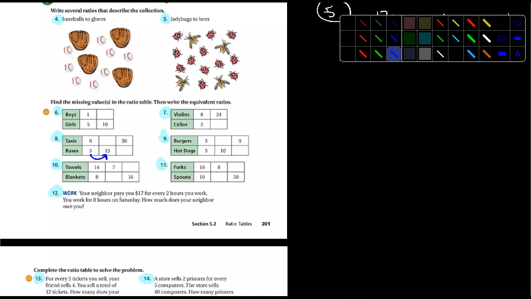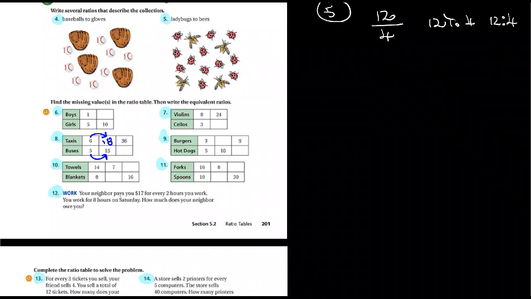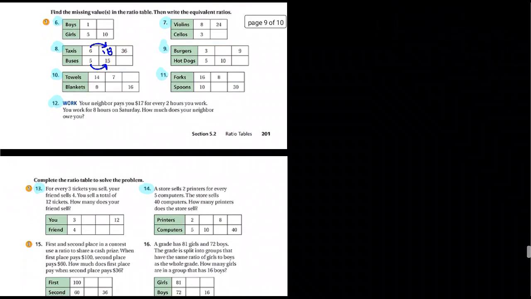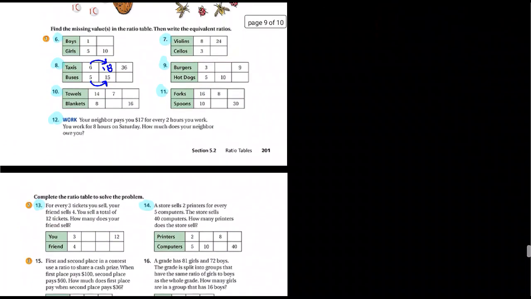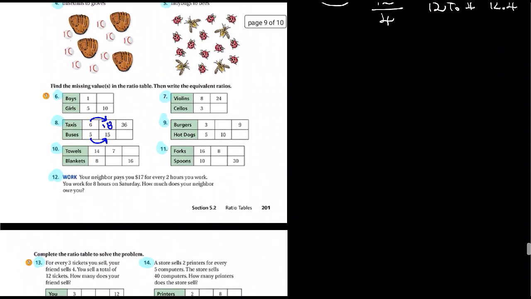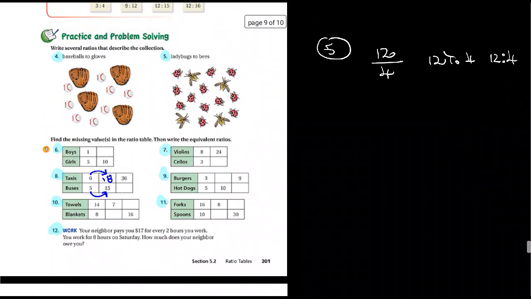So, what do you think this would be? 6. 6 multiplied by 3 would be 18. Okay. And then the buses has the blank one too. Yep. So you'd keep going. Yeah, I think that's it. I'm going to end the video here. And I want you guys to spend a few minutes working on this.